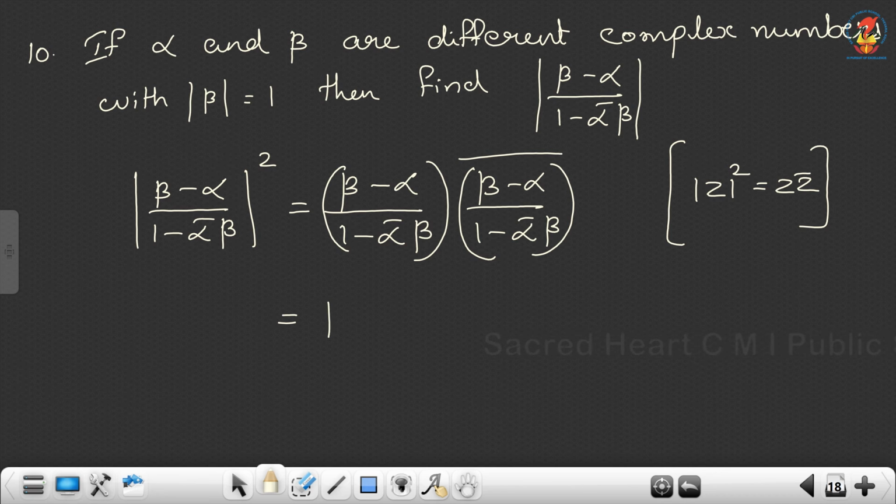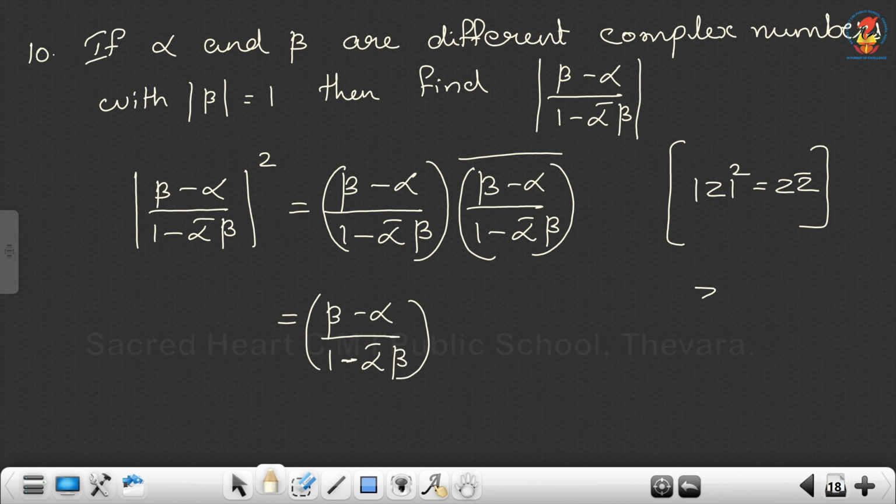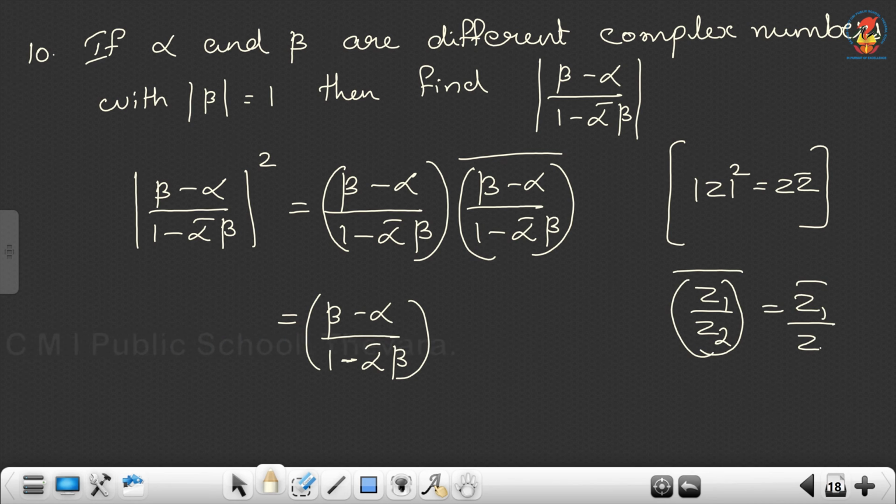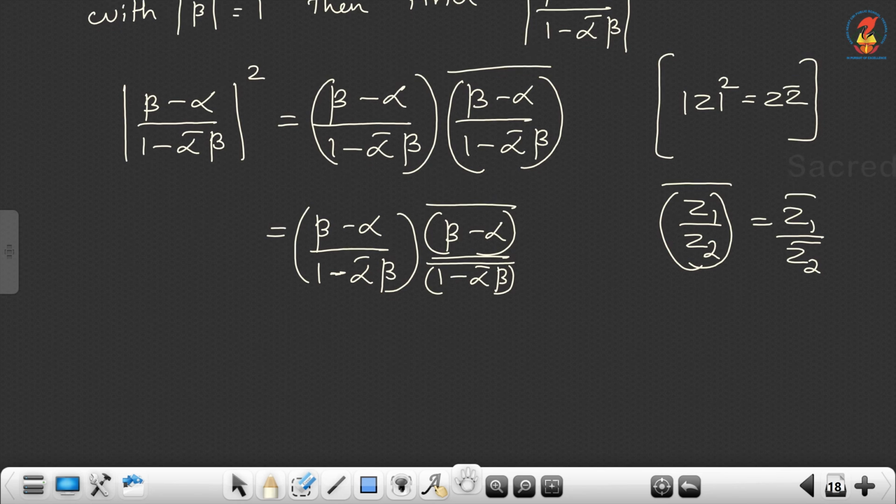Now the next step, we have to use the properties. Mod of (Z1 by Z2) the whole bar, how can we write? Z1 bar by Z2 bar. It's one property. So we can write (beta minus alpha) bar by (1 minus alpha bar beta) bar.